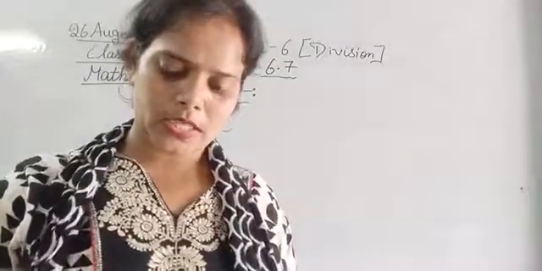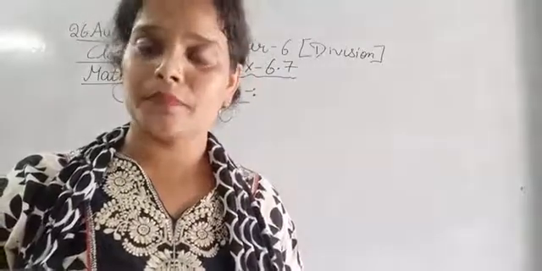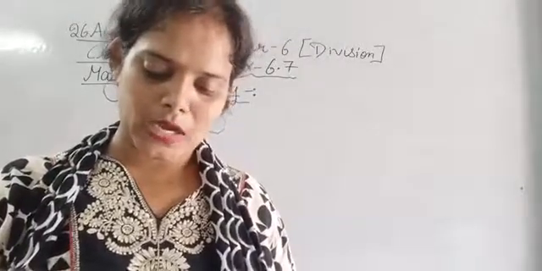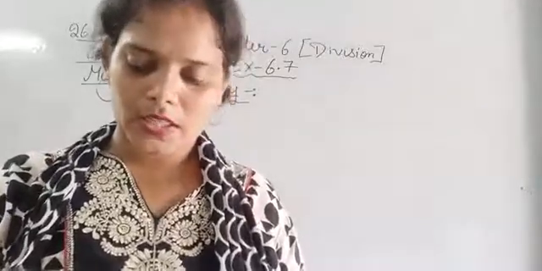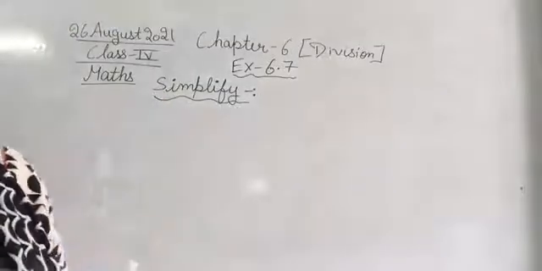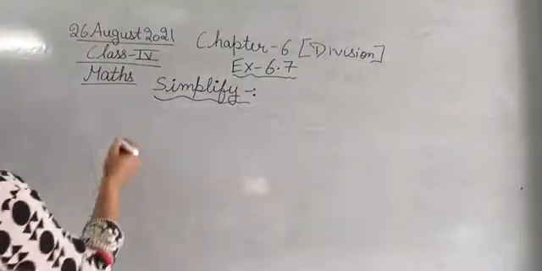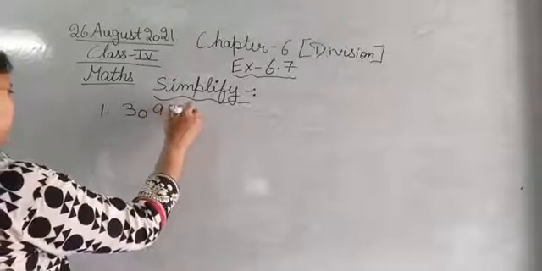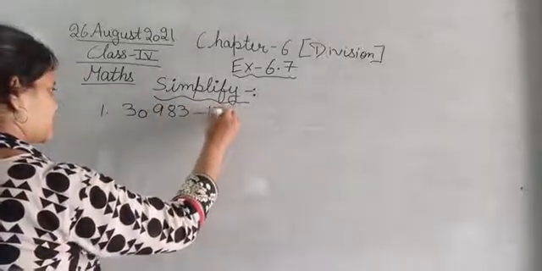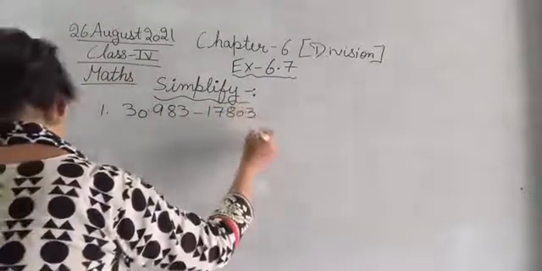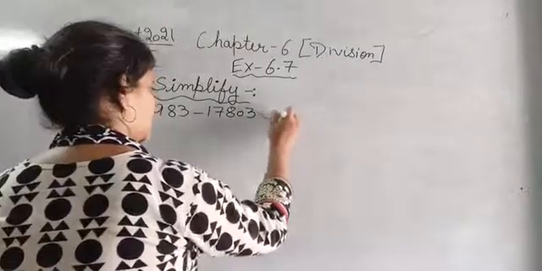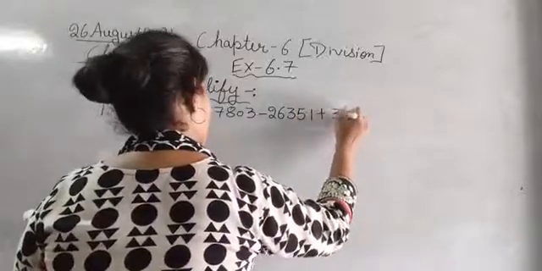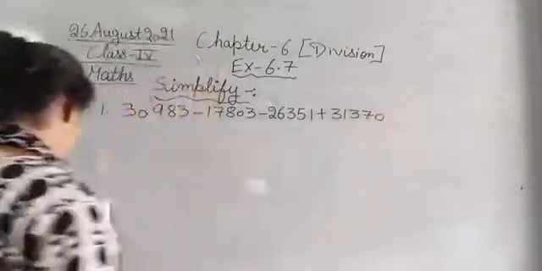Sum number 1 is 30,983 minus 17,803 minus 26,351 plus 31,370.